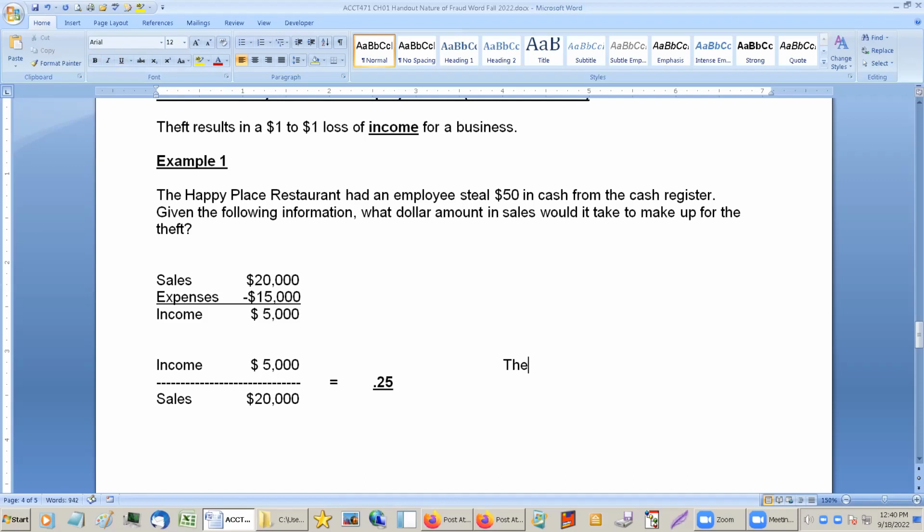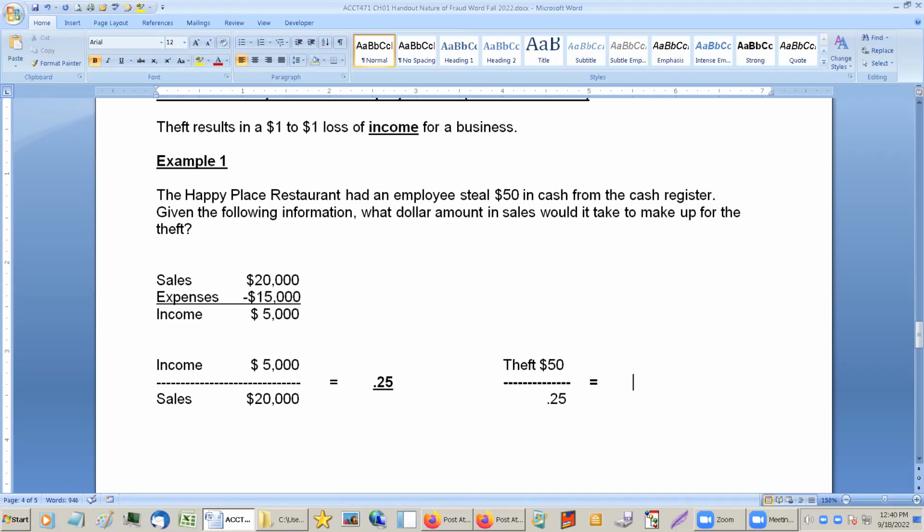Okay, so theft of $50 divided by 0.25 equals $200.